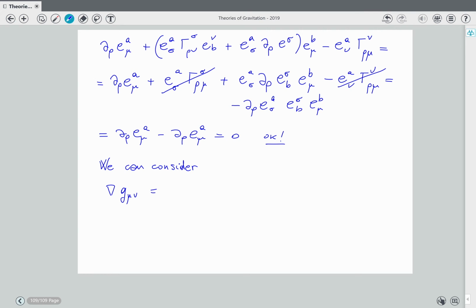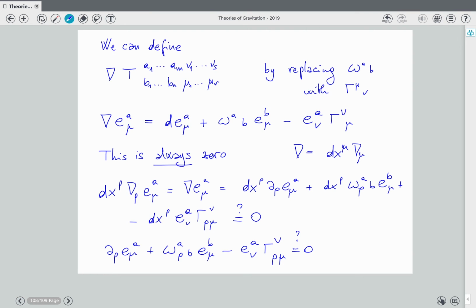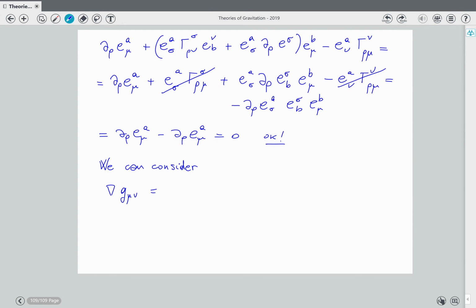What is it? It's an object with two lower indices, and so we have to multiply to the left with a minus sign because it's a zero form. We have something like that. Yes. So what is it? The exterior derivative minus g.